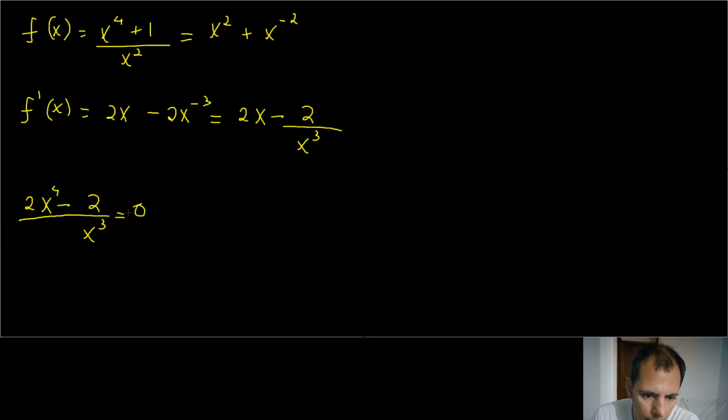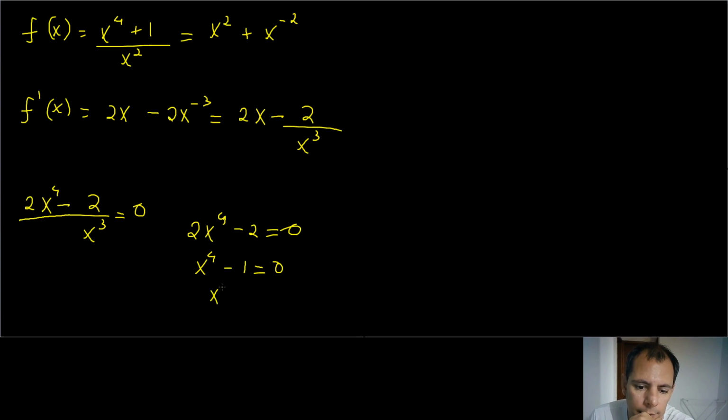Cross multiplying, you have 2x to the 4th minus 2 equals 0. You divide everything by 2, so x to the 4th minus 1 equals 0. x to the 4th equals 1. And then you have x equals the 4th root.